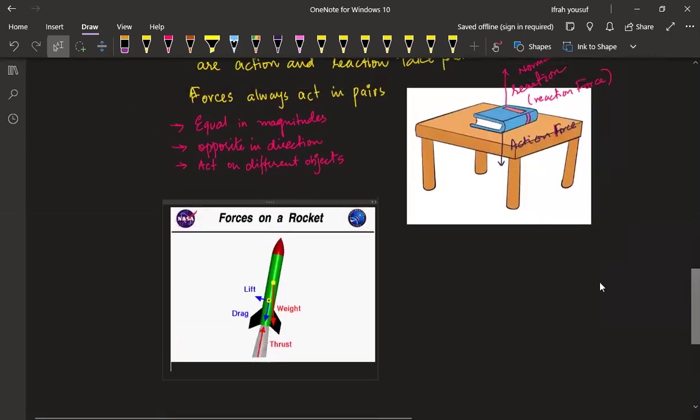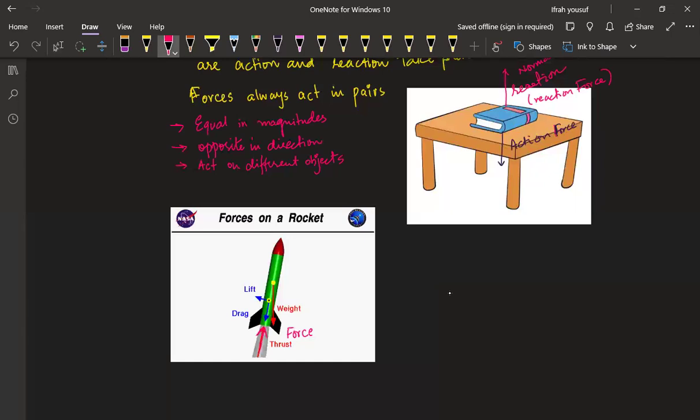Right? So you can see the objects, another object that is here, that is the rocket. It is going upward. So the forces on the rocket from the burnt gases, that is the action. This is the upward force.